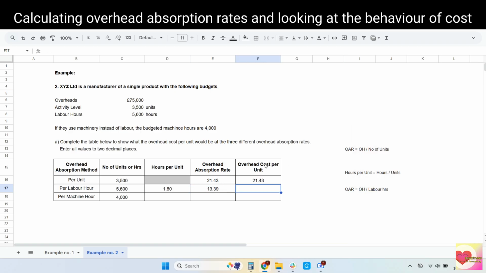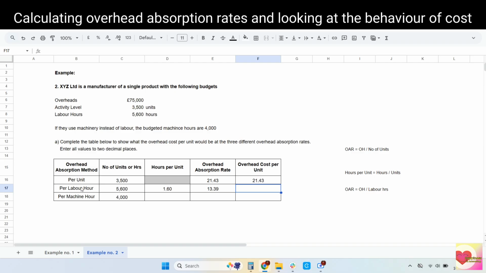Next is the overhead cost per unit column. This is a bit tricky to remember which one to divide or multiply, but the hint here is the per unit. So the figure being asked here is the amount per unit, even if we are using the per labor hour method. Unlike in the per unit method, where the OAR that we can see here is the same as the overhead cost per unit here.